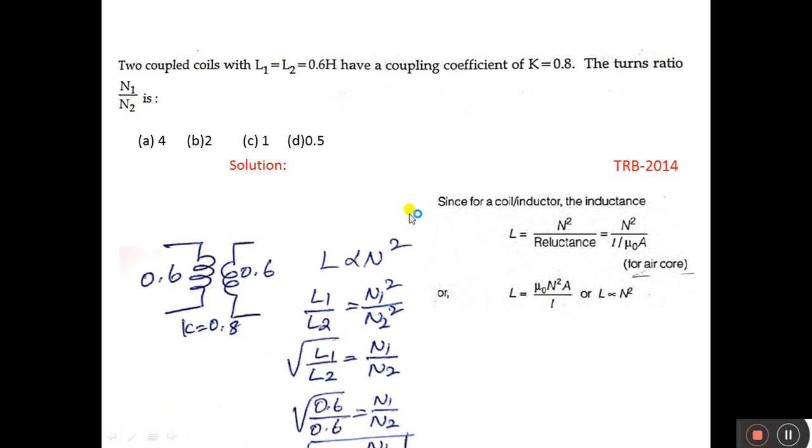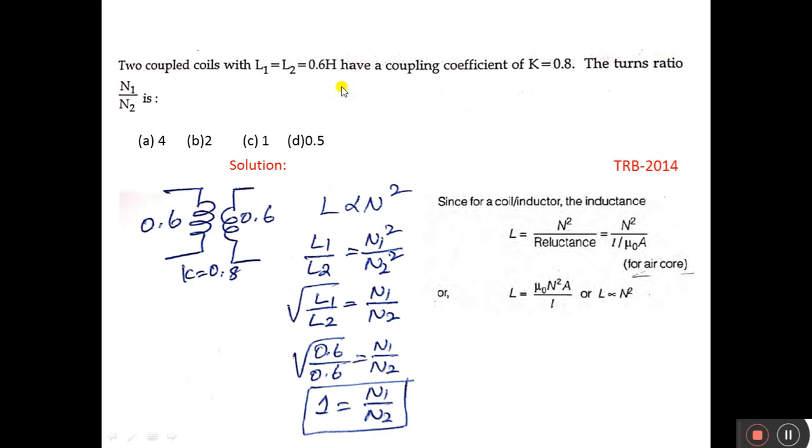Here two coupled coils are given. The coefficient of coupling is 0.8. Both coils have inductance 0.6. From the general formula, L equal to mu naught N square A by l, L is proportional to N square.